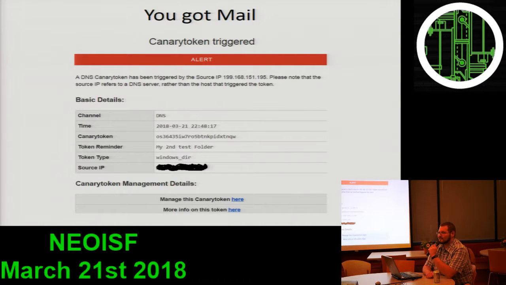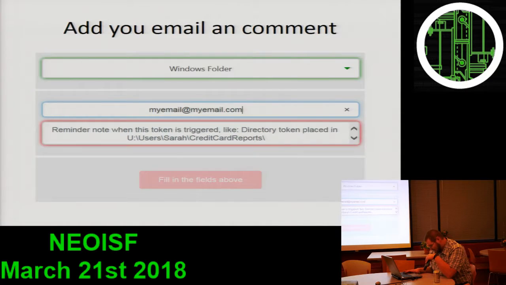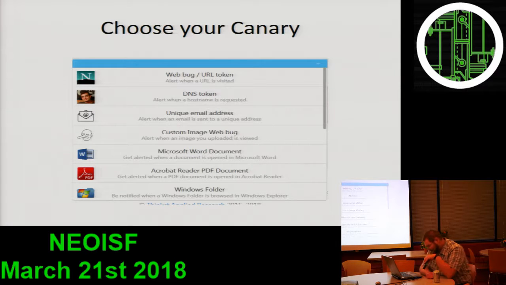I think there are other ones, because there's a web bug you can set up and some other options. I think they've said in the podcast that if you pay money, you get lots more options and choices. But this is free, and free is good.